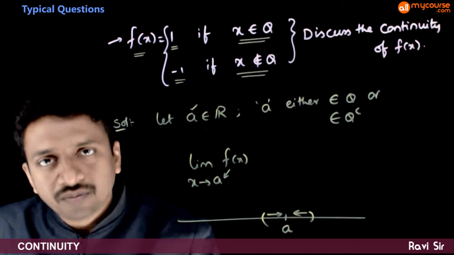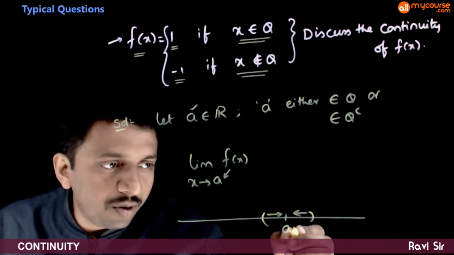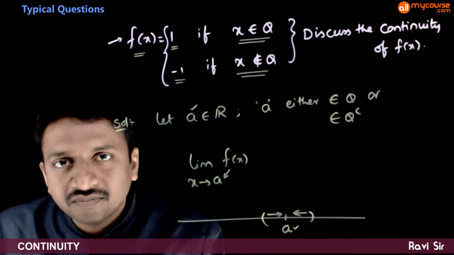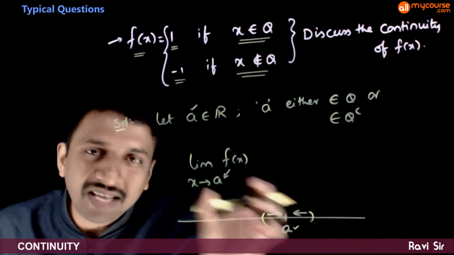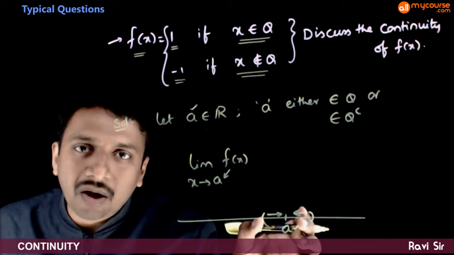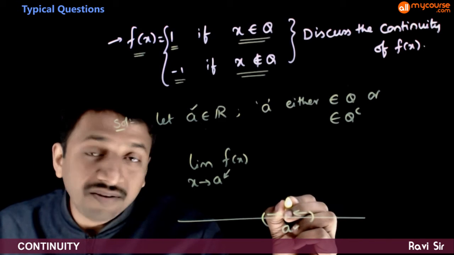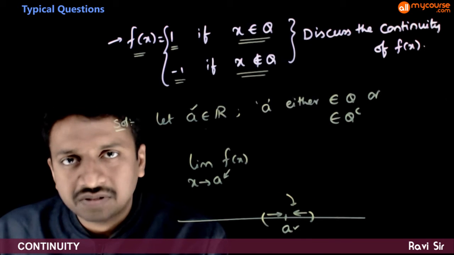Where does f(x) go? As we know, you take a neighborhood of any interval. We know that every interval of real numbers contains an infinite number of rational numbers and an infinite number of irrational numbers.